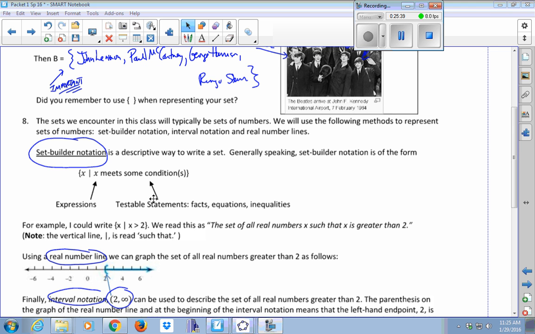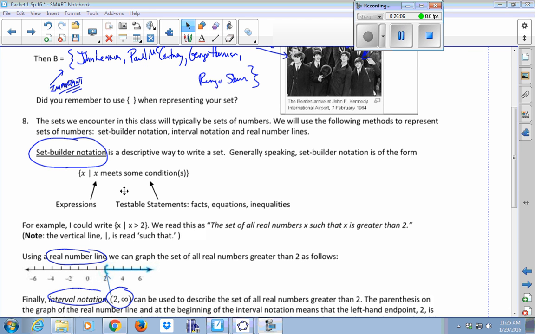So generally speaking, when we use set notation, we start with our curly braces and end with our curly braces. We usually put some type of variable to represent the number, so x is kind of popular. Then we have this straight line, which is read as "such that," and that's all written down here. And then we say x has to meet some condition that we could actually say is true or false, because I need to know what number gets to be in that set.